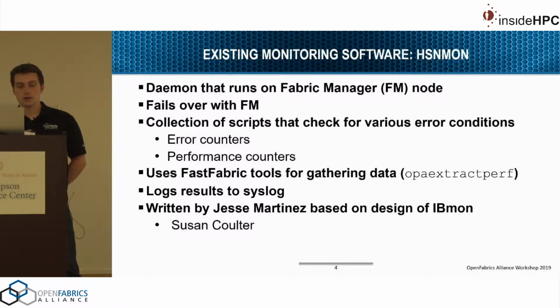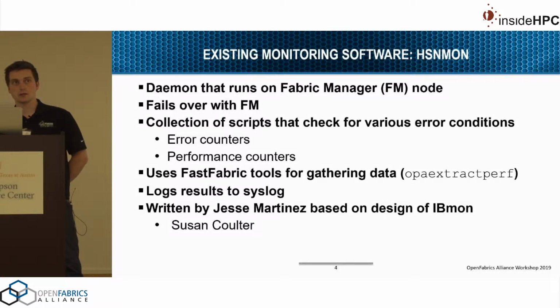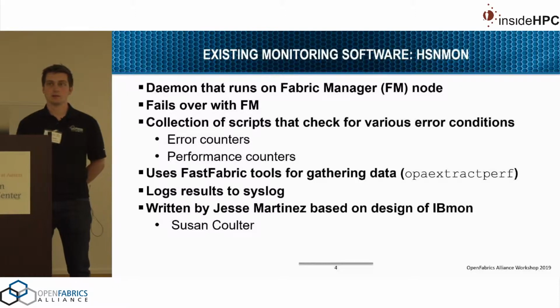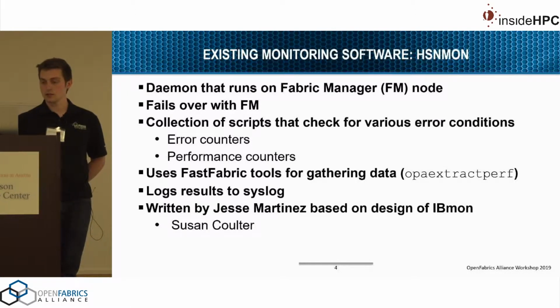And the way that this works is it sends all of its messages to syslog. And from syslog it goes to some data analytics clusters that we have, and I'll get into some of the details of how this changed later.